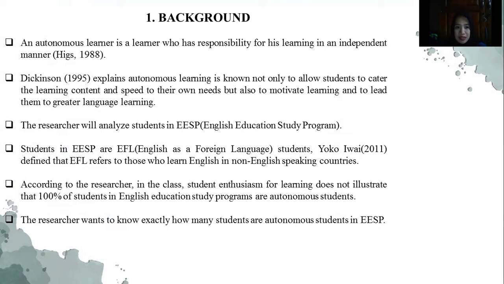Based on Dickinson 1995, autonomous learning is now not only to allow students to cater the learning content and speed to their own needs, but also to motivate learning and to lead them to greater language learning. It means that an autonomous learner will more quickly get knowledge about learning because the student has desire to learn on his own. Then they will have high learning motivation because of the great sense of learning.